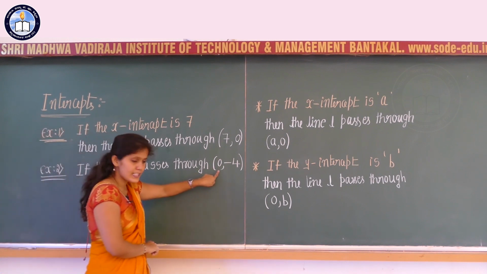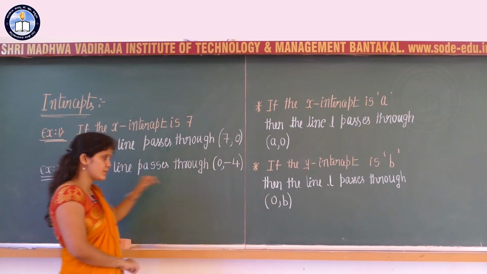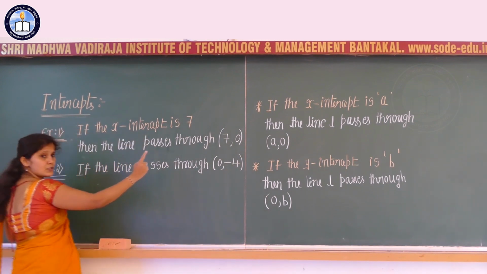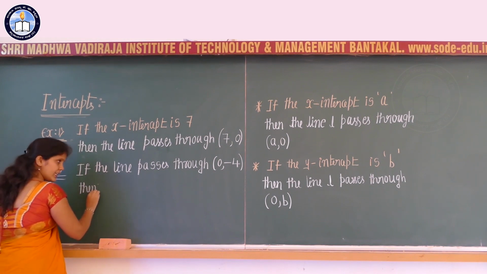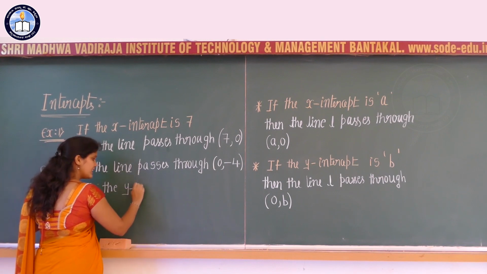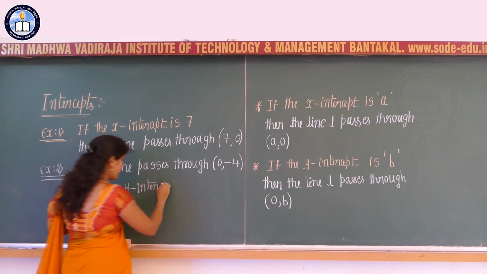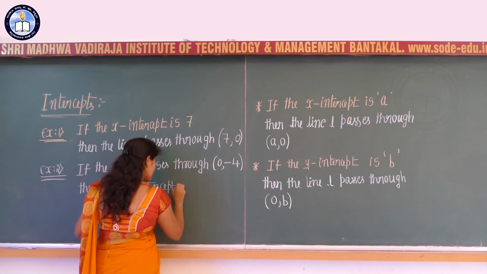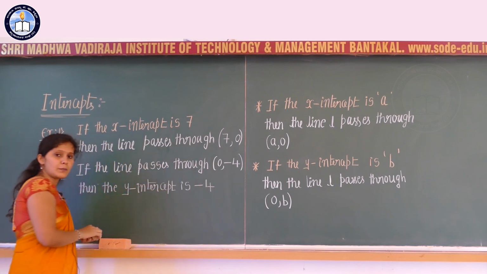See here, the x-coordinate is 0 and the y-coordinate is -4. Then I can say that for the given line the y-intercept is nothing but -4.